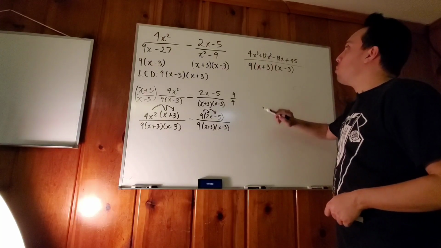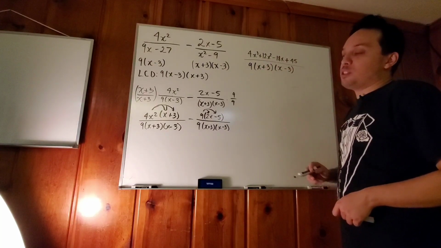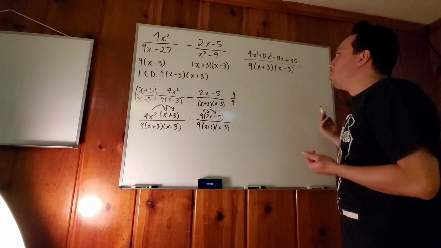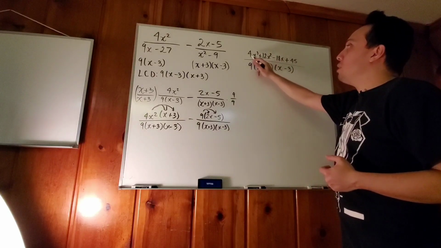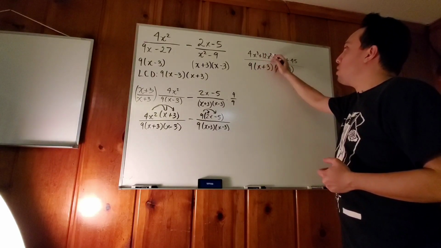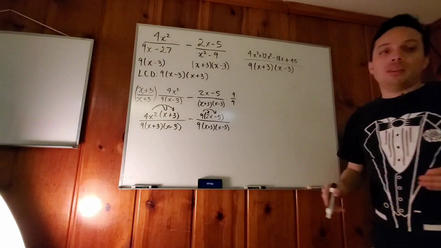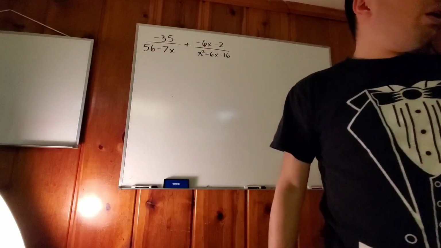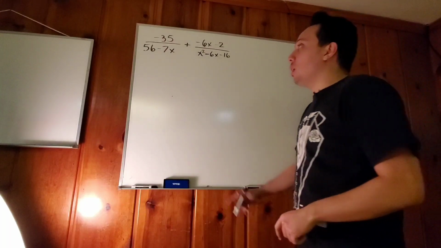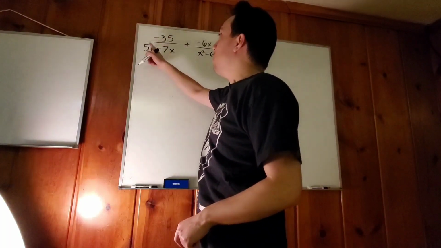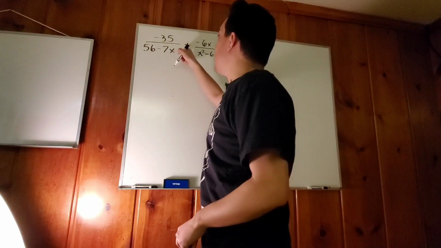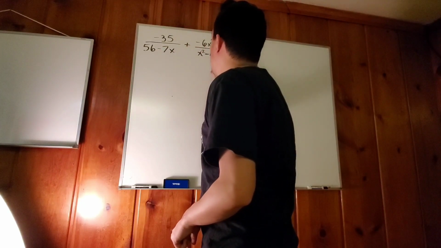This one is not divisible by 3, but these three are divisible by 3, but then we can't do anything because we cannot combine them. This is 4x cubed, this is 12x squared, this is 18x, and this is 45, so that would be the answer.